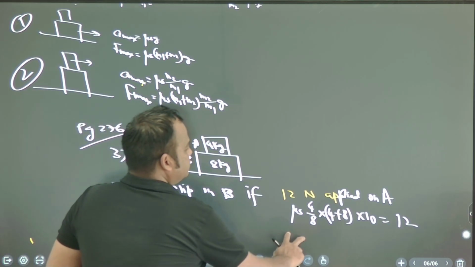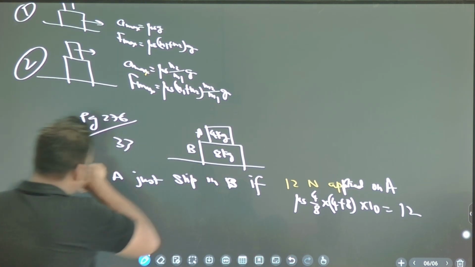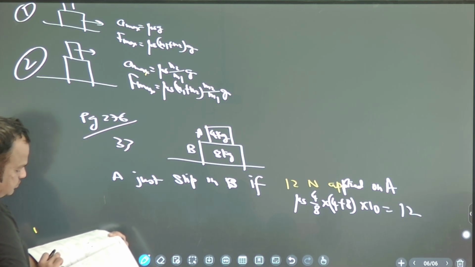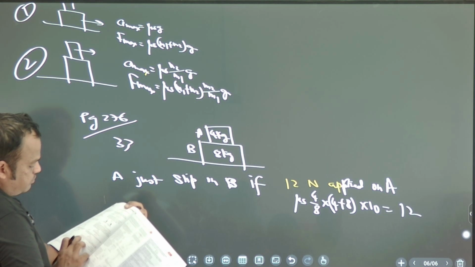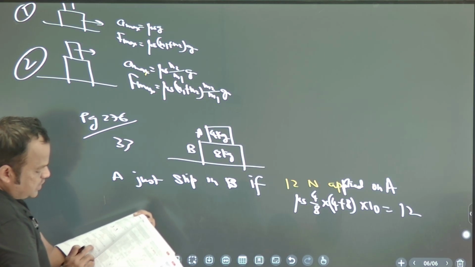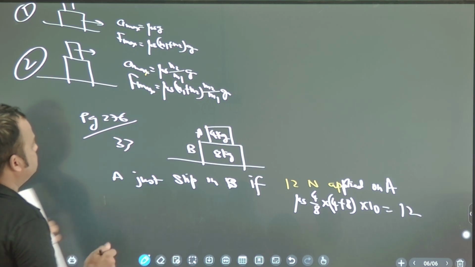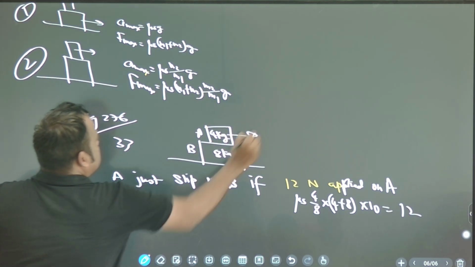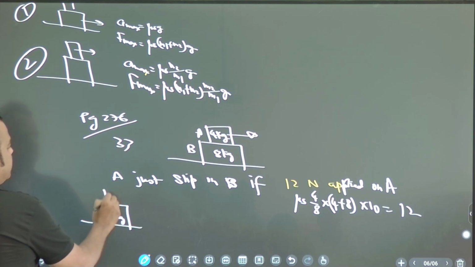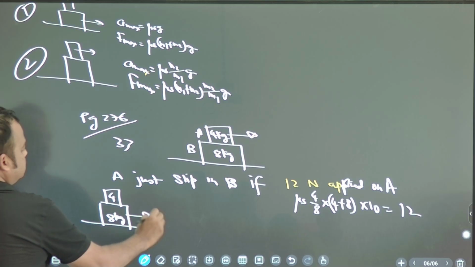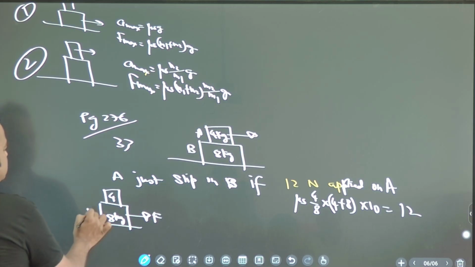Okay, clear. Now what is the question? Then the maximum horizontal force F applied on B.